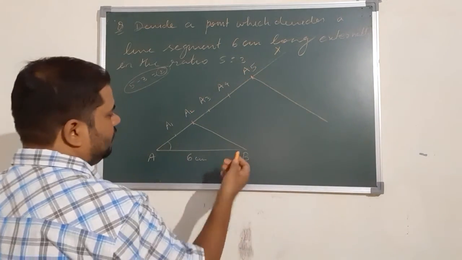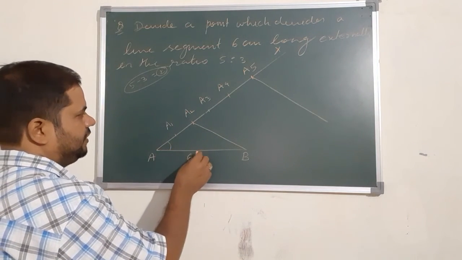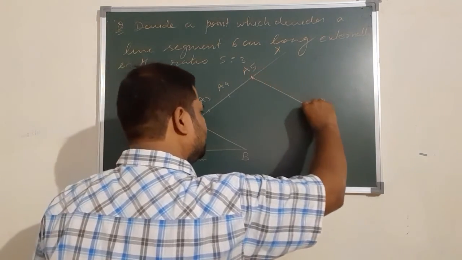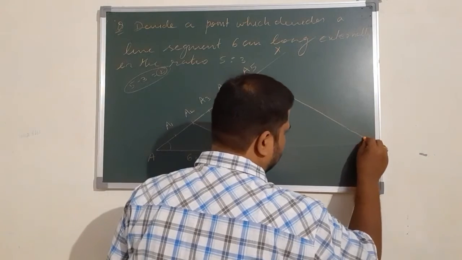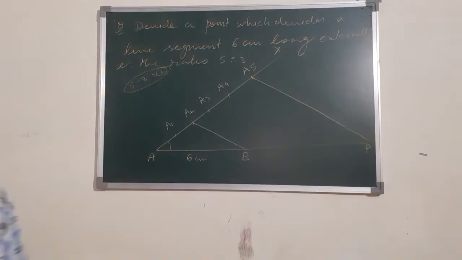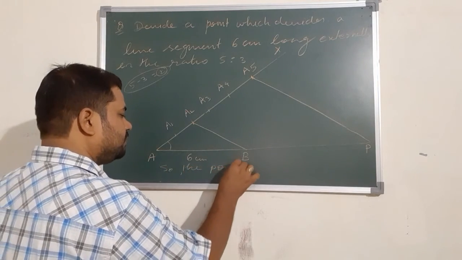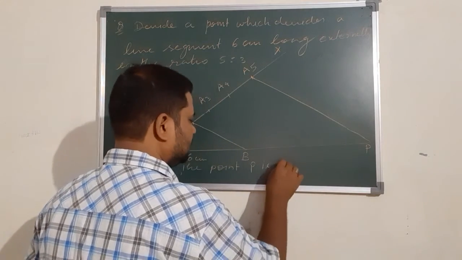And how will we know this is parallel? You know very well: the same angle you drew at A2, you have to draw here at A5. Draw a line parallel to A2B from A5, which meets AB extended at P. The point P so obtained is the required point.